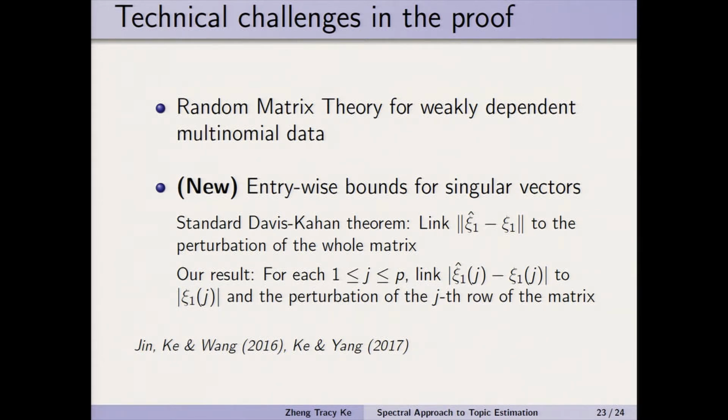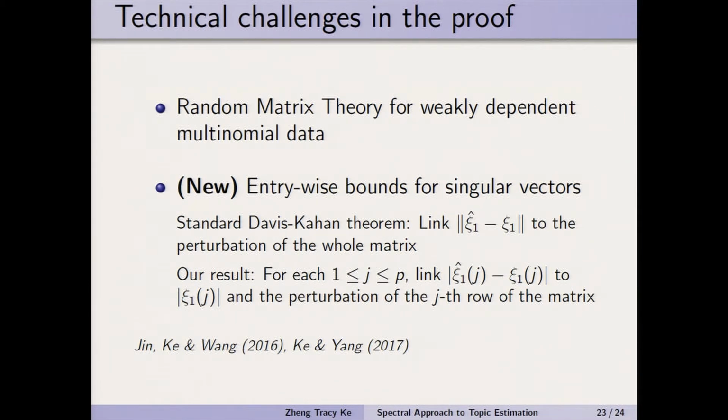Because the scale heterogeneity is very severe in the data, some words are much more frequent than other words, so the bounds change with j. So we need a very delicate analysis here. I came up with such a problem when I collaborated with other people on the clustering problem. Later we further developed these techniques in different papers.